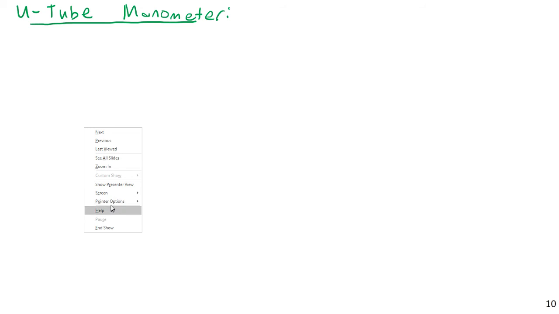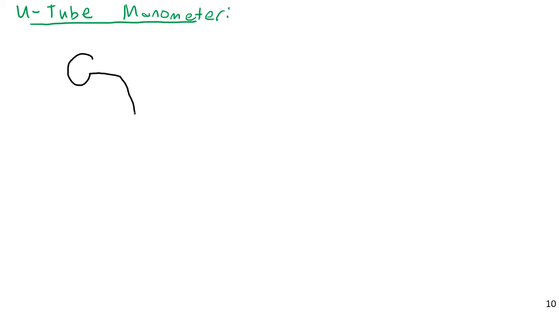Instead of simply having a straight tube, I'm going to use a bent tube, and I'm going to fill that bent tube up with a certain fluid. So let's say I have a vessel, and then I attach a bent tube to it, and this will create some interesting properties.